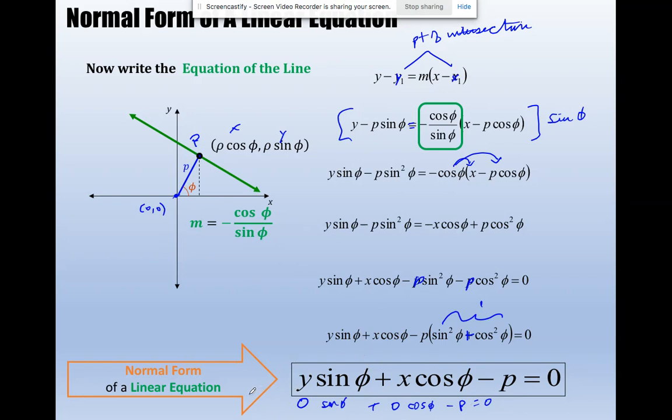Do the distance formula. Guess what I'm going to get out of that? P, the distance from this green line to the origin is p. I built that in.